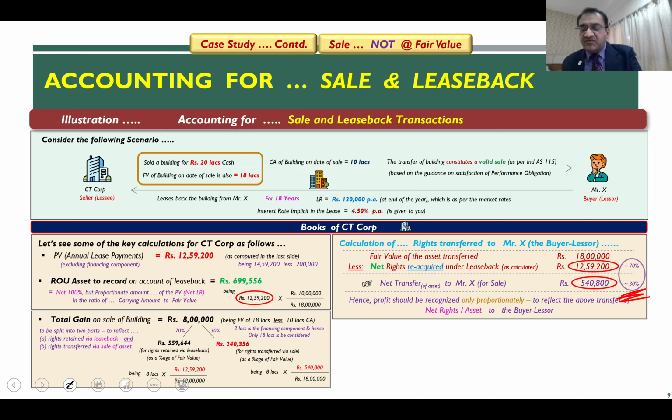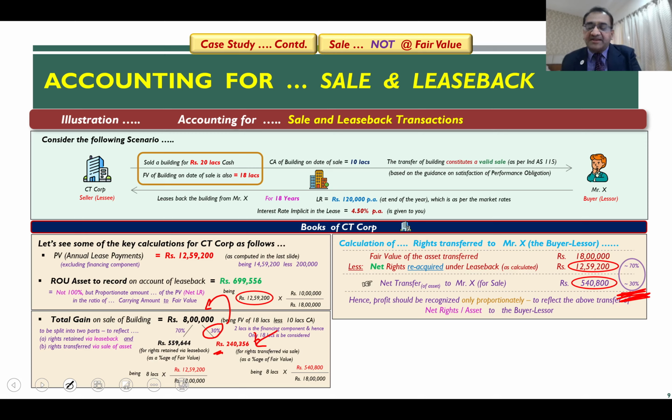Right? So as we discussed in the last slide, or in the last case study last week also, now you have to look at the 30% number. So 30% of this 8 lakh, 2 lakh 40,000. You can see there is some rounding off, because here it is a decimal which is not captured in the slide. It is not exactly 30%, it's slightly more, and that's why it is not a round number of 2,40,000.